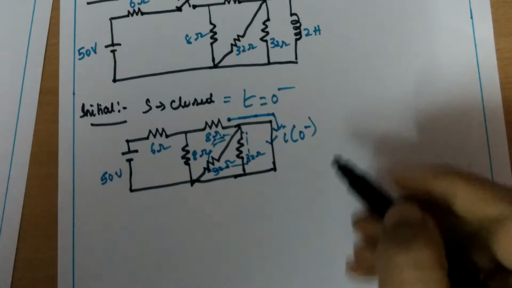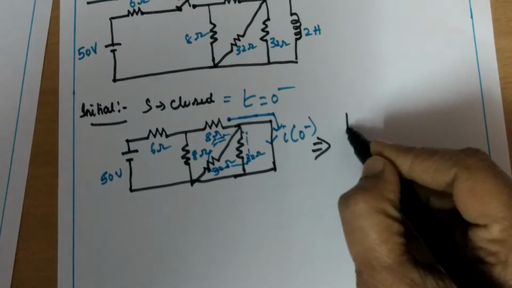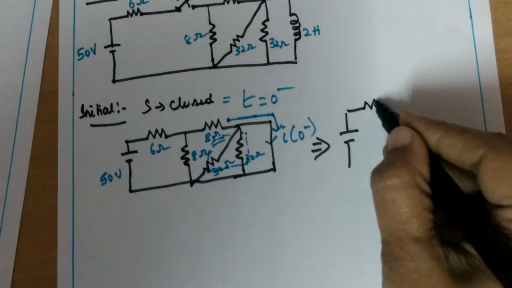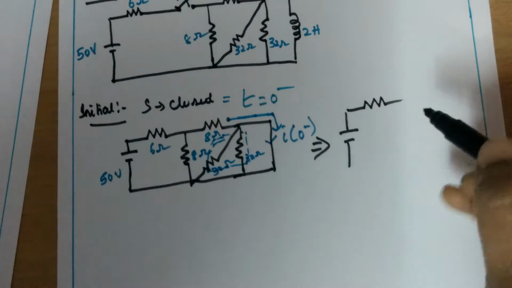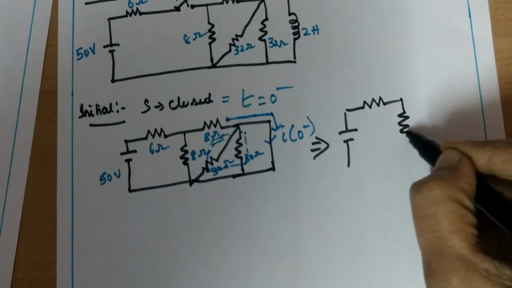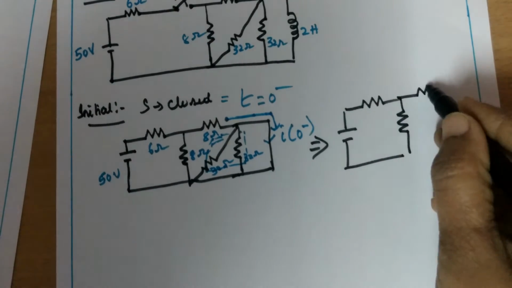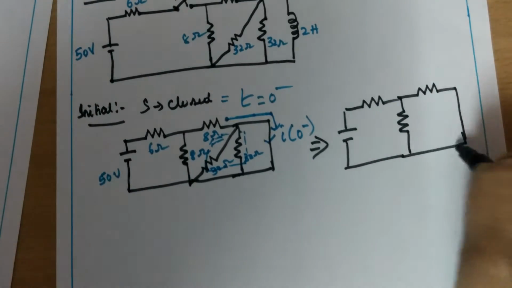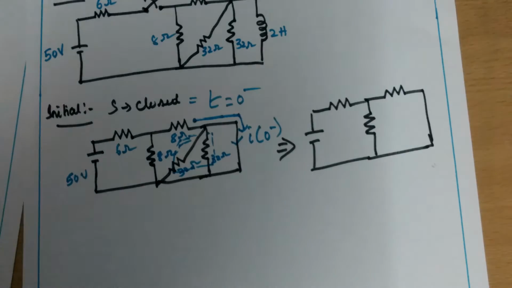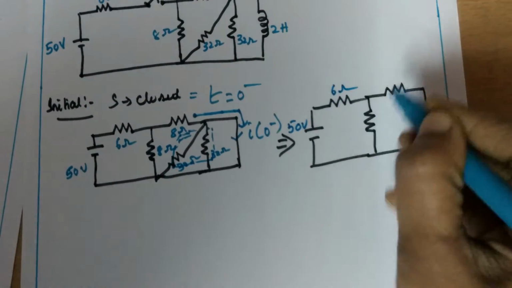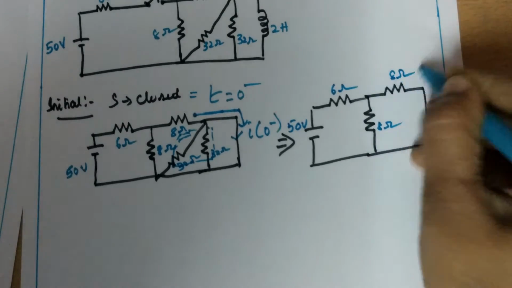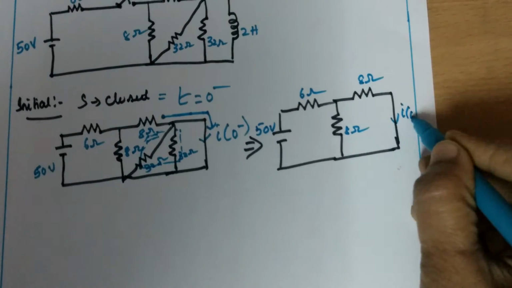So again we can redraw the circuit. These two resistances, the 32 ohms resistance, can be discarded, and it will be like this. Here it is 50 volt and 6 ohms, here 8 ohms, and this is I of 0 minus.